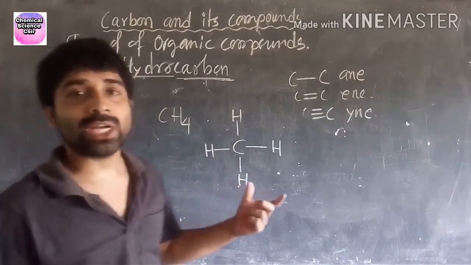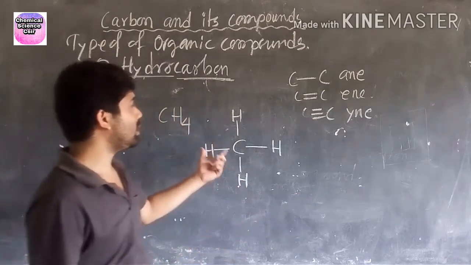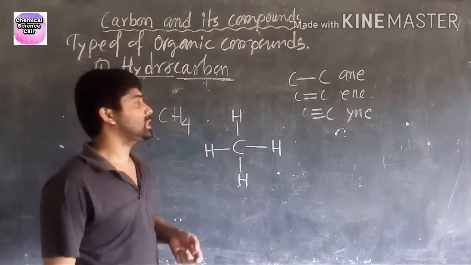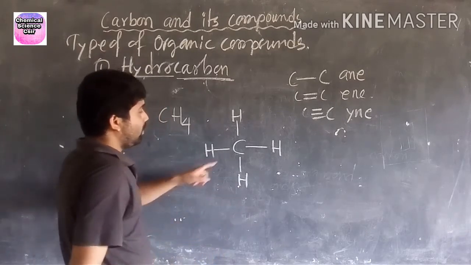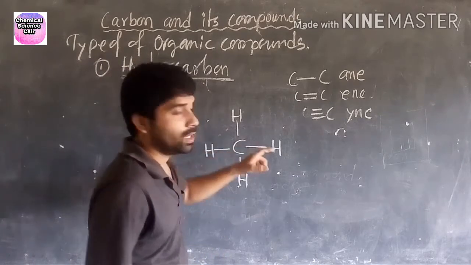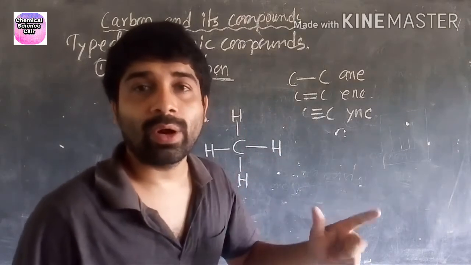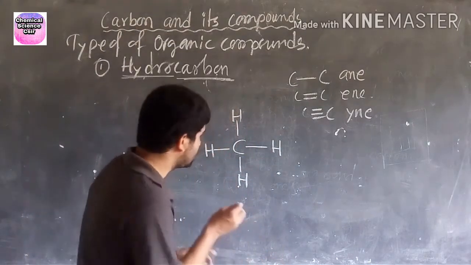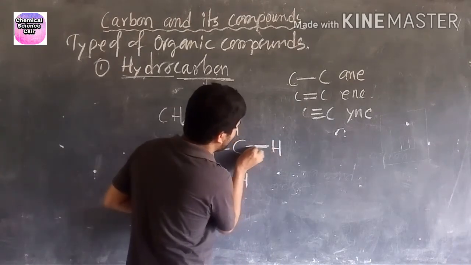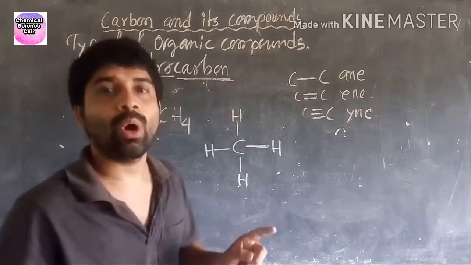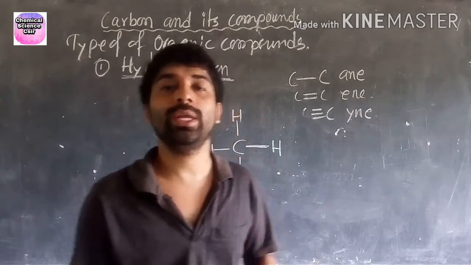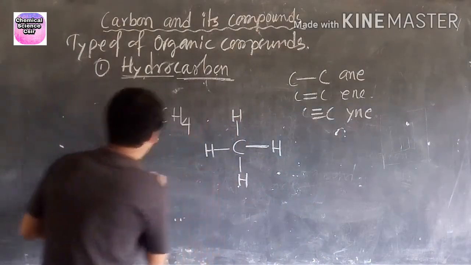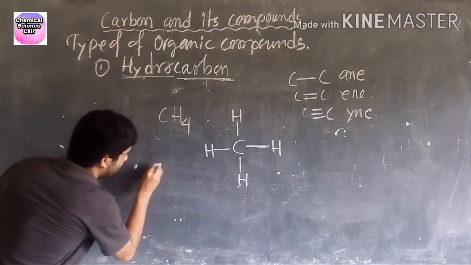This is the structural representation. Now, in each single bond, how many electrons are present? Only 2 electrons. See, 1, 2, like this.